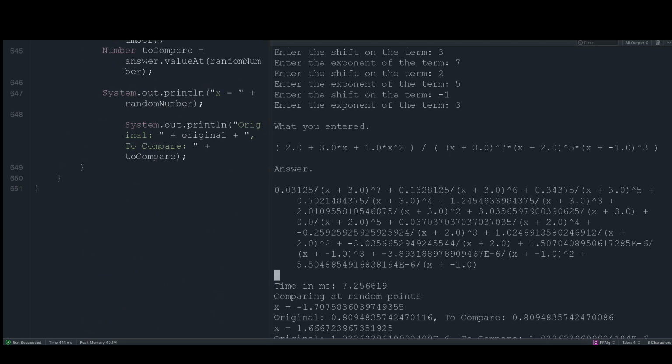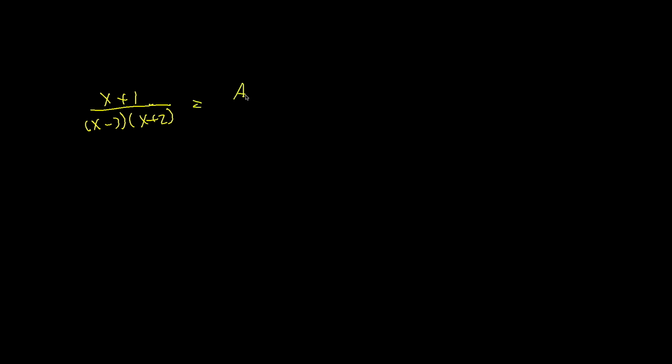So, alright, now I'm going to show you the theory behind how it works. To begin, I'm just going to do a sample problem with the normal, well, not exactly the cover-up method, but basically the same idea. So that breaks down to this and this.